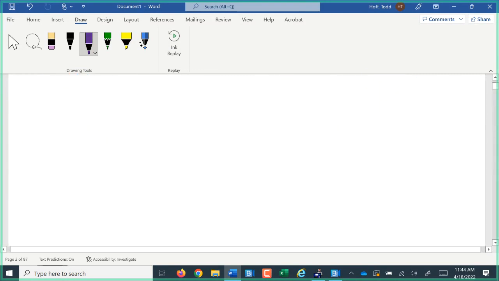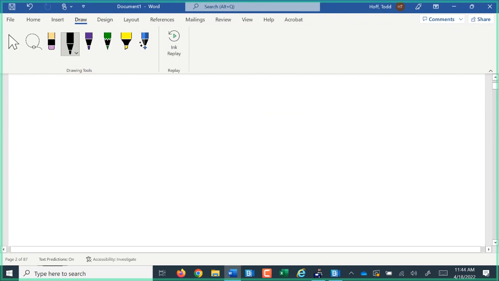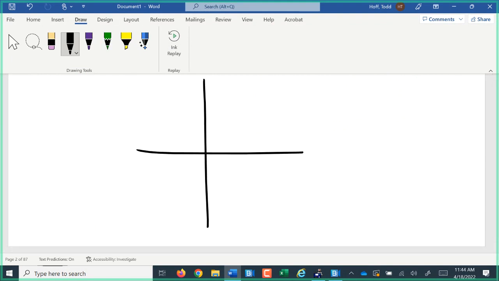So anyway, we can identify if an equation makes a line by seeing that it's a degree of 1. In other words, the only power on the x variable is a 1. So let's take a look at some of our shortcuts for graphing those lines, where we look at the simplest linear equations we can possibly find. The simplest one I can think of is just the equation y equals x.